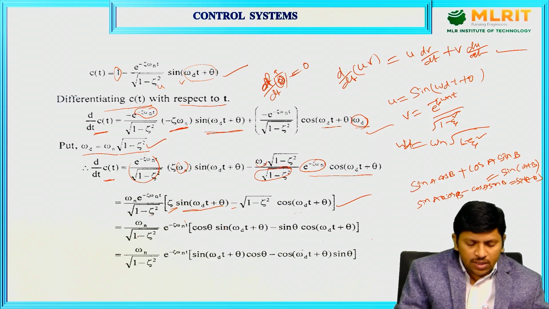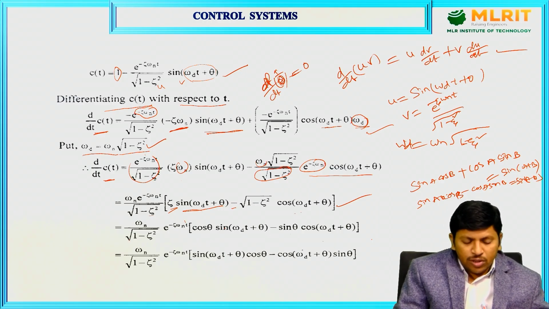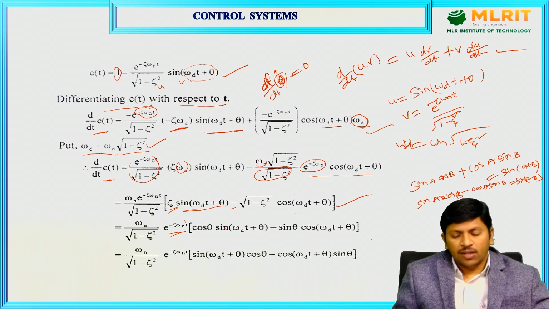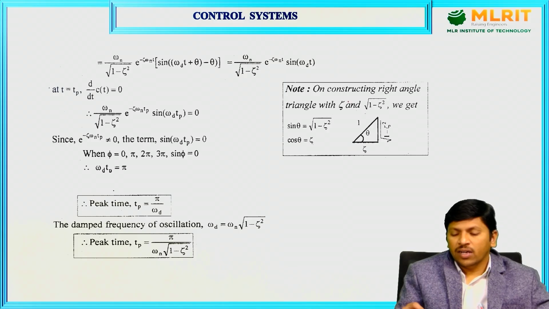So for that, as it is, I am going to write omega n divided by under root 1 minus zeta square e power of minus zeta omega n t, and here by constructing a right angle triangle with zeta and under root 1 minus zeta square, we get sin theta equals under root 1 minus zeta square, where the side opposite theta is under root 1 minus zeta square divided by the hypotenuse.